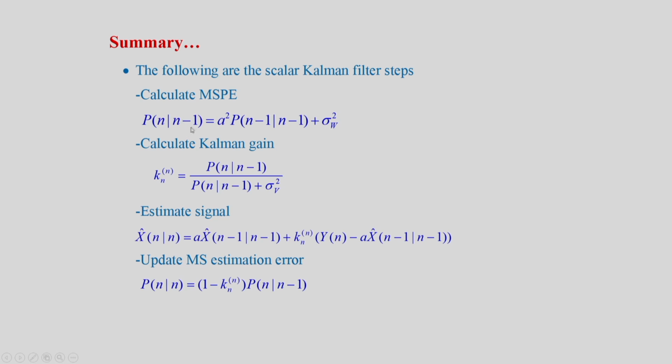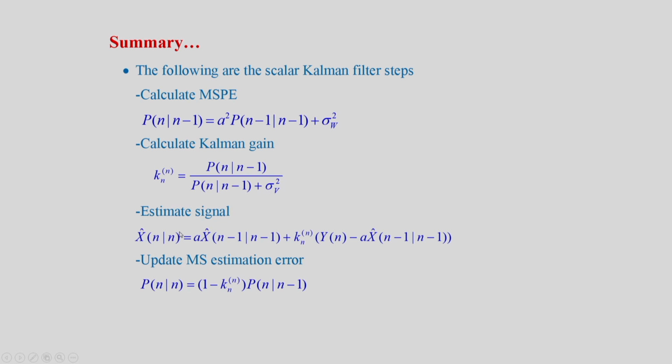So, mean square prediction error is equal to a square times mean square estimation error at the previous instant plus sigma w square. Then we will determine the Kalman gain on the basis of this p of n given n minus 1. So, this is the expression Kn is equal to p of n given n minus 1 divided by p of n given n minus 1 plus sigma v square.